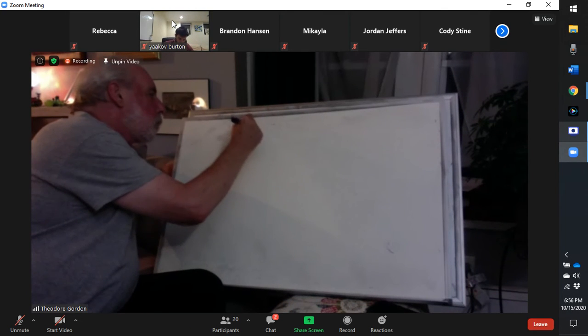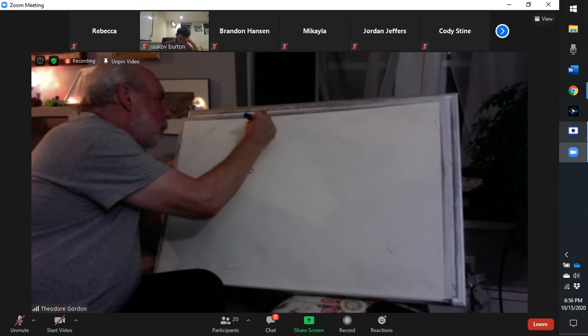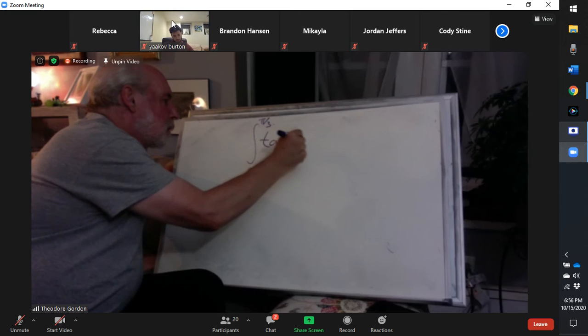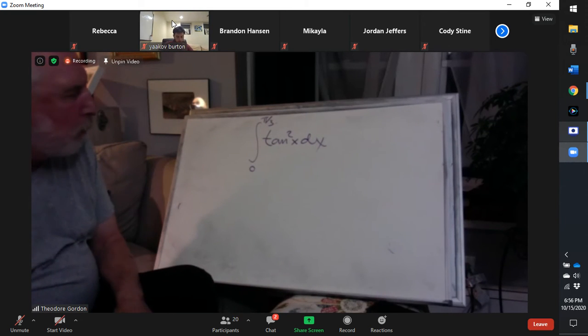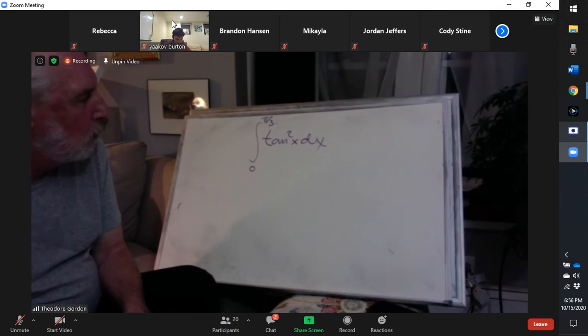Integral from 0 to pi over 3 of tangent squared x dx. So there's our problem. So what are we going to do with this? Any ideas?